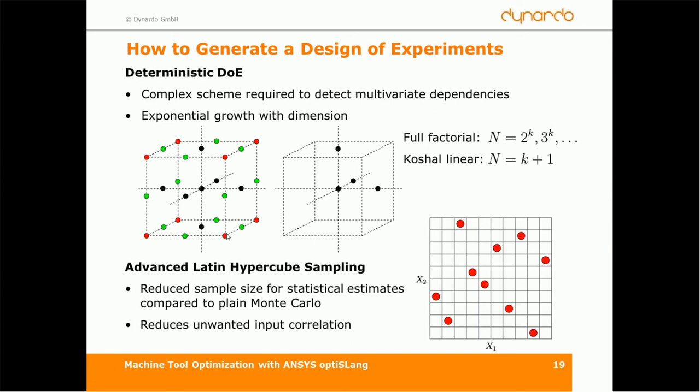One way to reduce the effort is that we use more or less simple DOE schemes, but then we cannot really analyze complex relations. A much better approach is a Latin hypercube sampling, where we subdivide the space in classes defined by the number of samples we want to generate, and then we optimize the position of these samples in such a way that the input parameter behavior is almost independent.